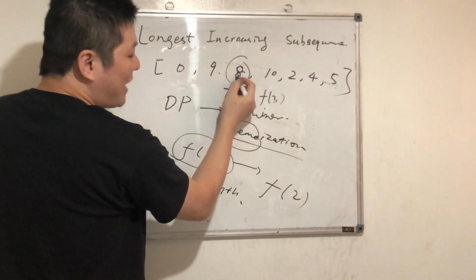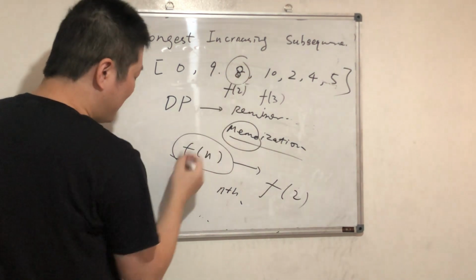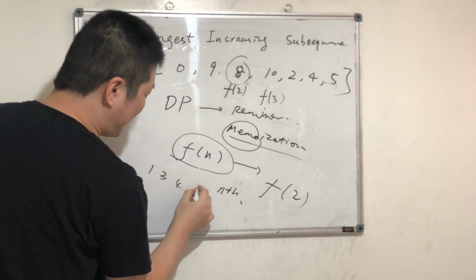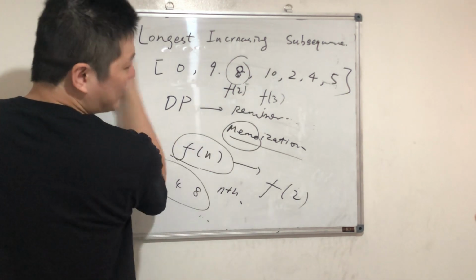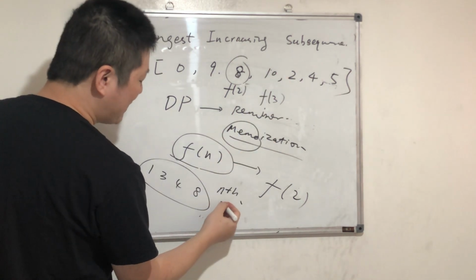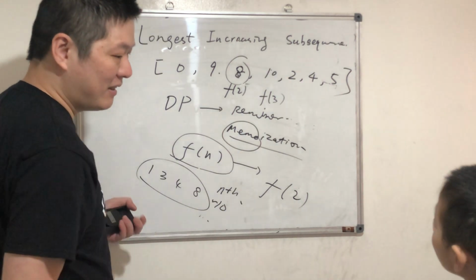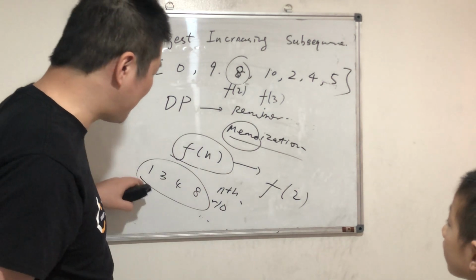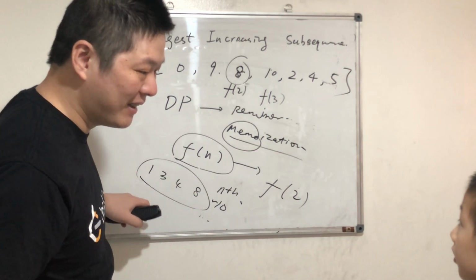Look at the last number ending in A. It could be 1, 3, 4, A. This is a subsequence. You don't care about the previous ones. Now you know A is smaller than 10. What happens if I put a 10 here? Does it still make a longer one?